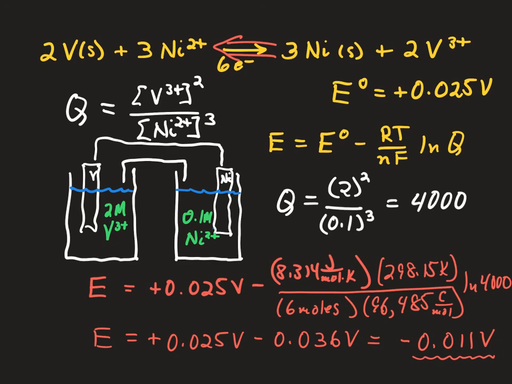If everything else is given, you should be able to solve for any of these variables: the potential under non-standard conditions, the potential under standard conditions. You need to be able to find the appropriate number of moles and the Q, and you need to be able to find the proper form of Q given the balanced equation. So this is another set of equations that are important to electrochemistry.